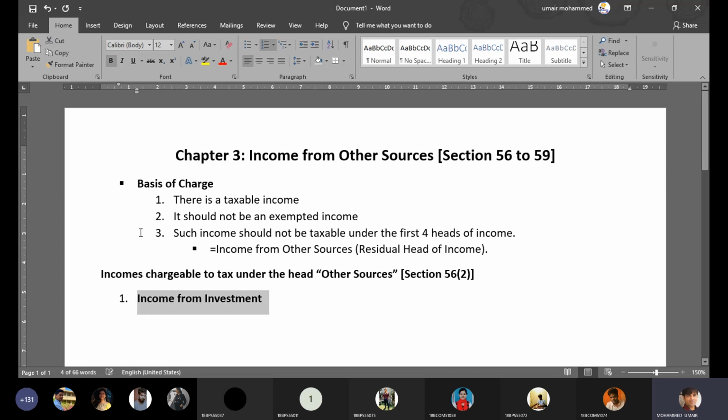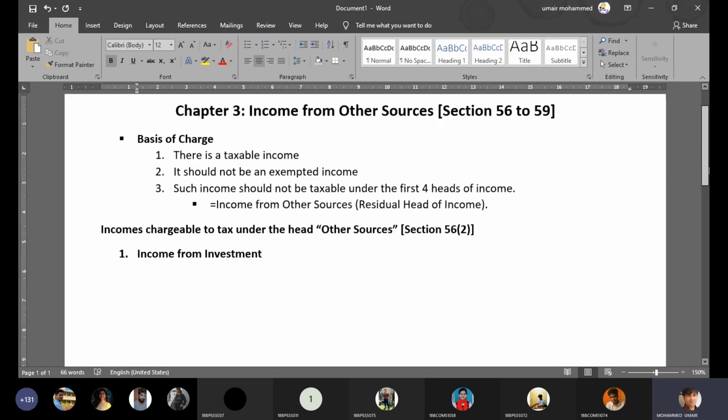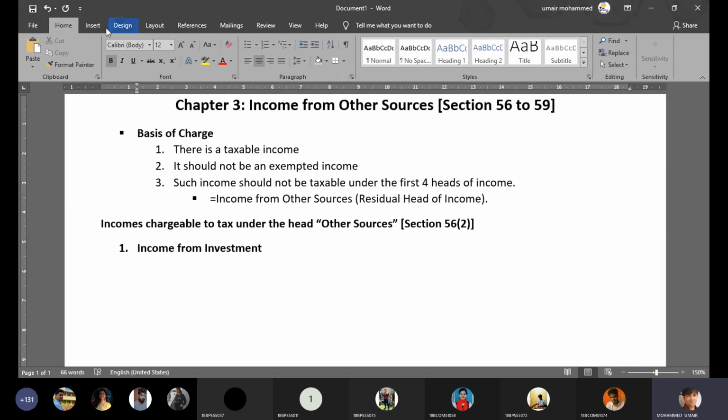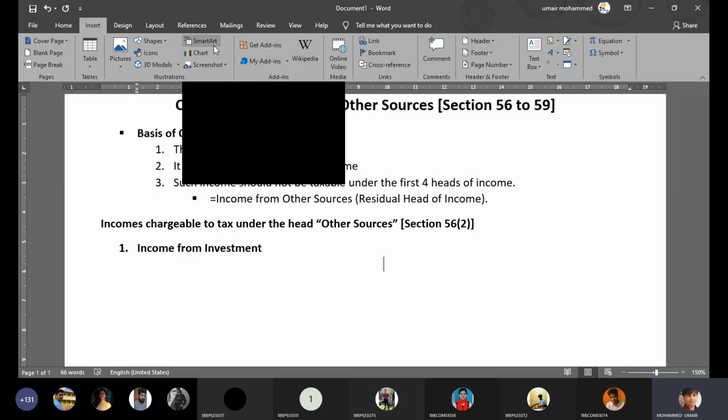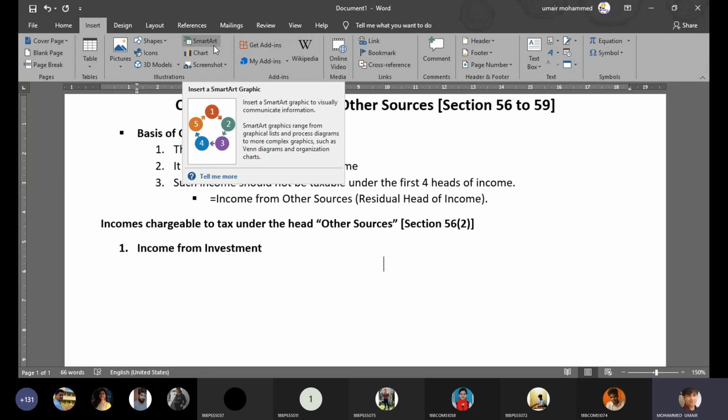Now, when we say income from investment, whenever we invest money, first of all, what do you understand by investment? Investment is a process of allocating funds in various assets with an anticipation of generating profits in the future.